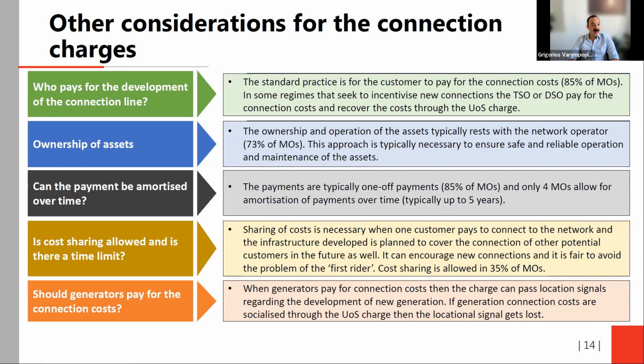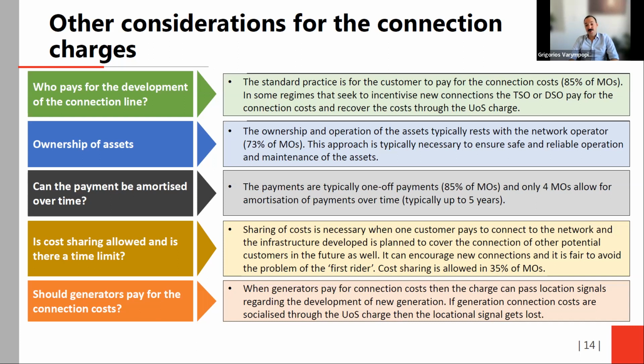Is cost sharing allowed, and is there a limit in time where customers can be compensated for costs they initially paid to connect to the network? Cost sharing is necessary when one customer pays to connect to the network and the infrastructure developed is planned to cover the connection of other potential customers that may connect in the future.